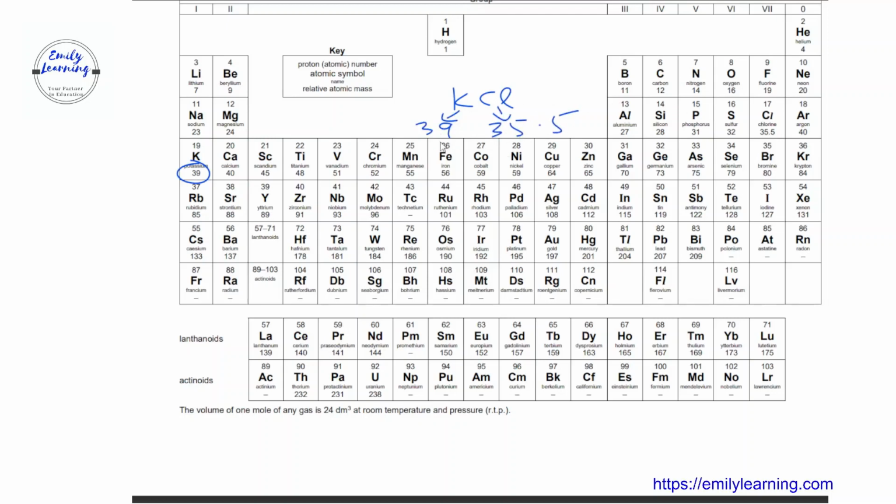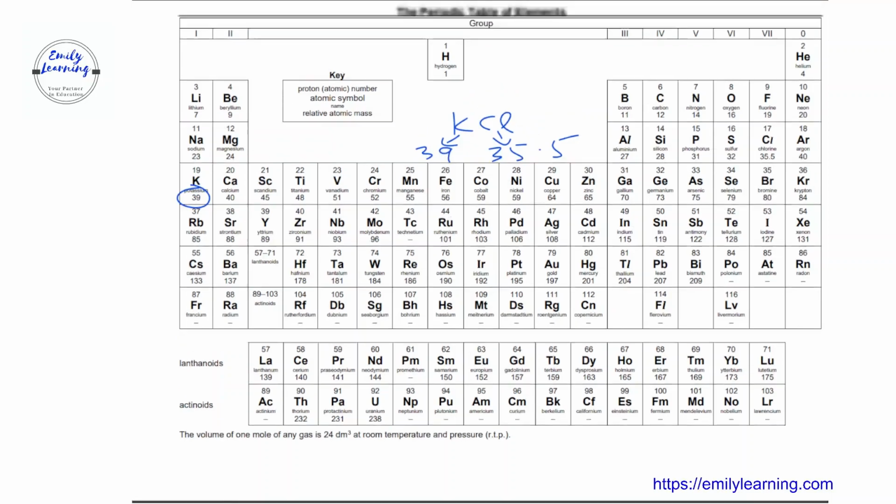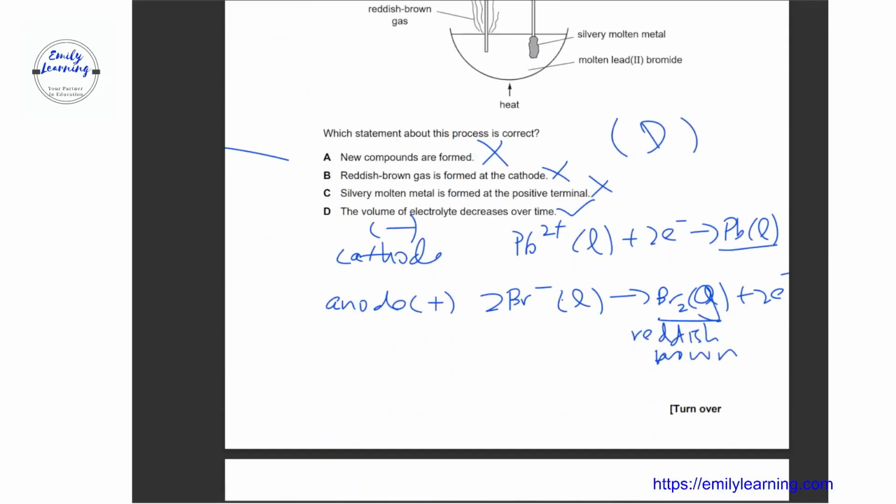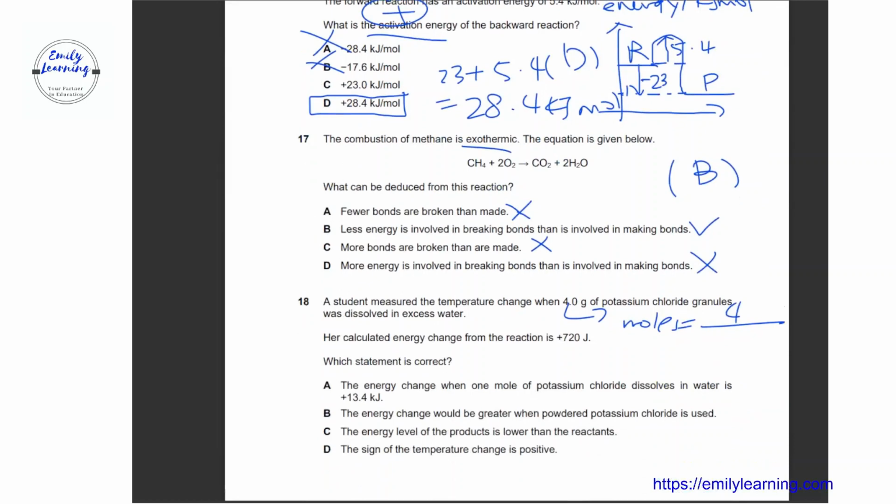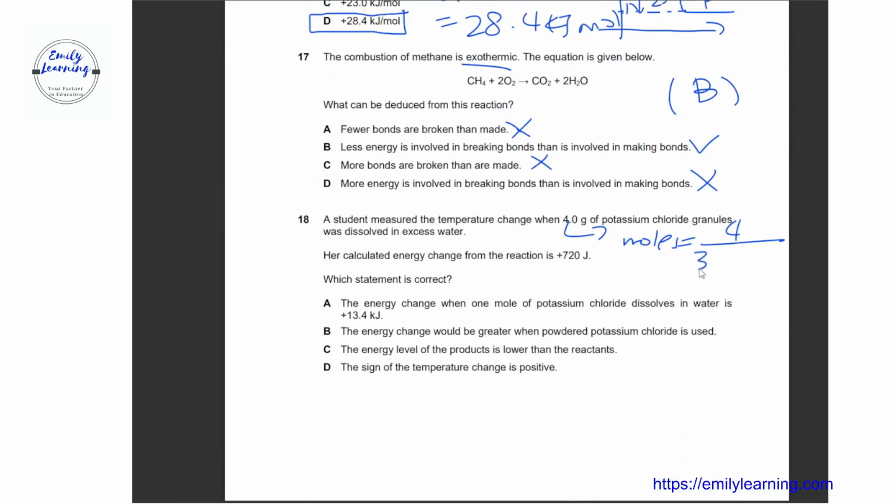So it will be 39 plus 35.5. Type this into your calculator. You will get 0.0537 moles.